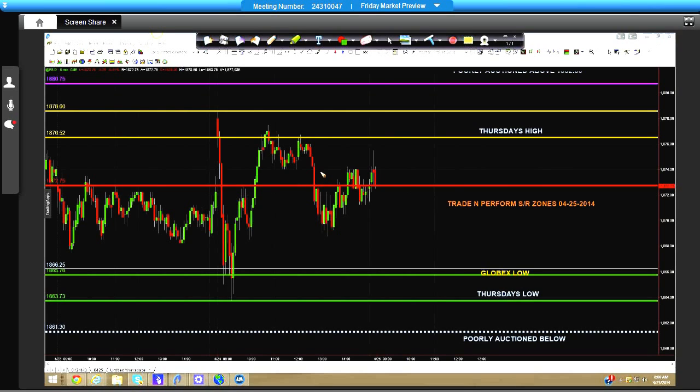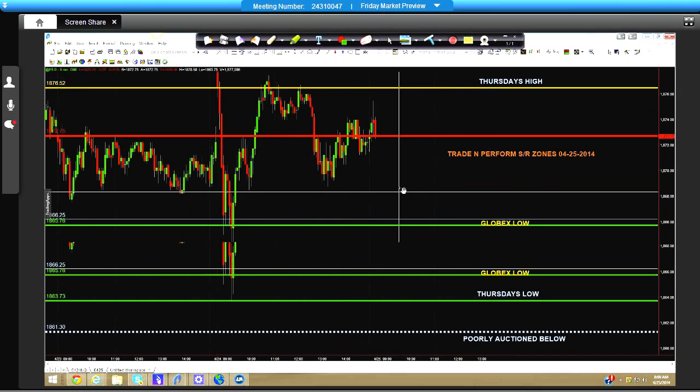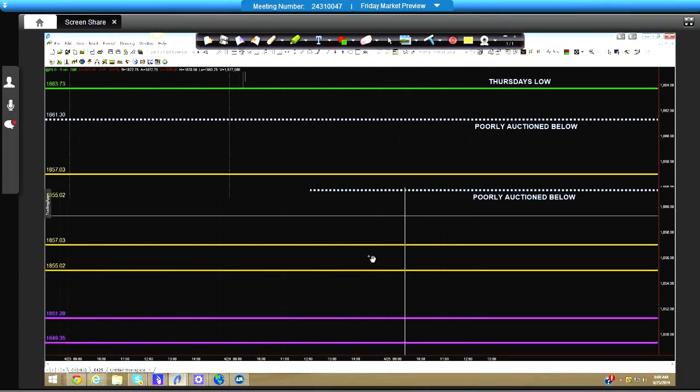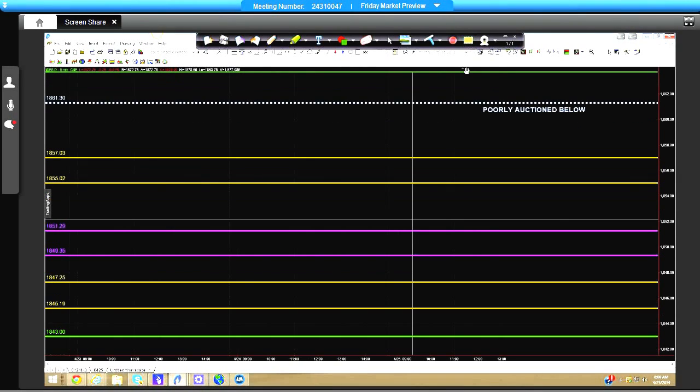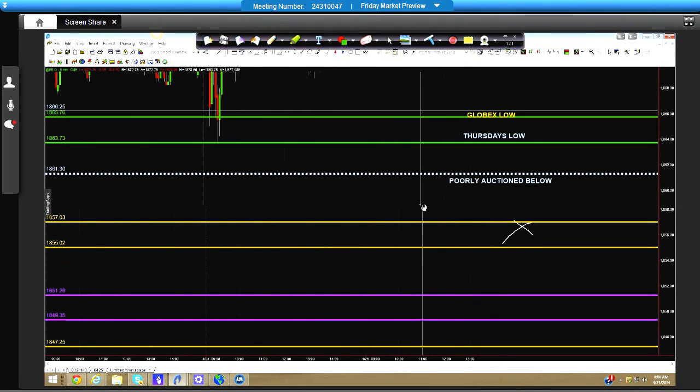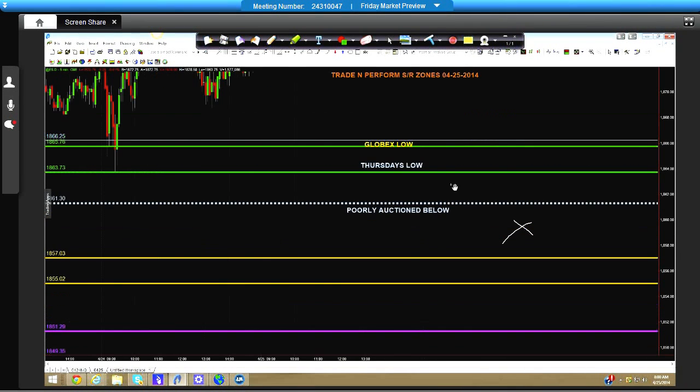When we're in an environment like this, it's hard for me to predict exactly where I want to find responsive buyers. I do know that I expect responsive buying in this area right here, this 1849 to 1851. Based on the close, which was 1872, that would put us roughly 20 points down.